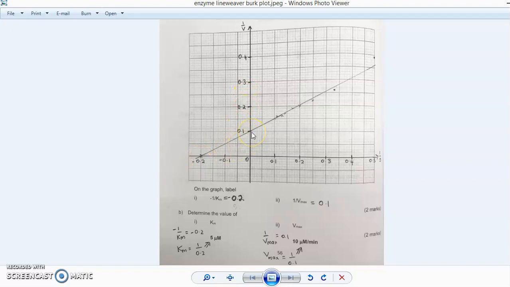So when they intercept these lines, now you can determine the Km and the Vmax.